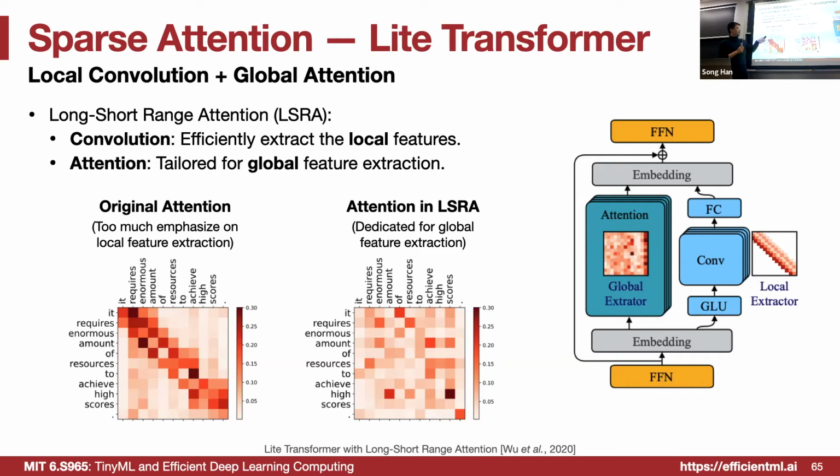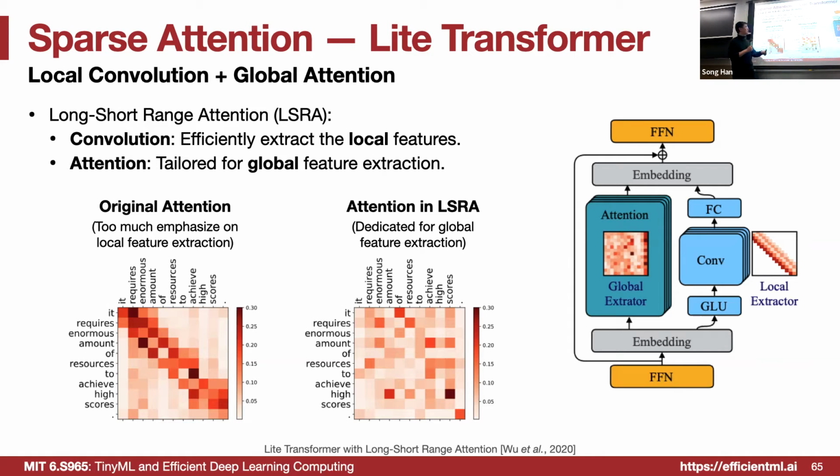We can see the attention map of a sentence usually has this diagonal pattern, showing that the words closer to each other are very important.